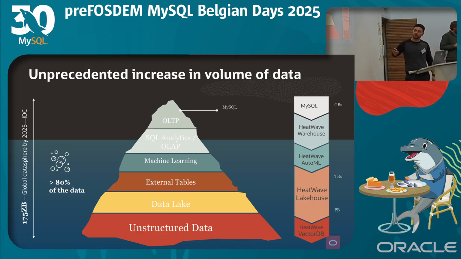However, if you look at this iceberg, much of this data is not OLTP data, but more data for analytics, semi-structured data, unstructured data, documents, and so on and so forth. That's why we would like to address this data increase by coming up with a system within HeatWave, called Lakehouse, where we target terabytes and up to petabytes of data.